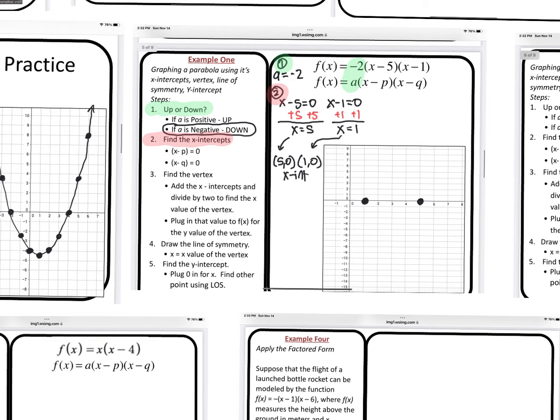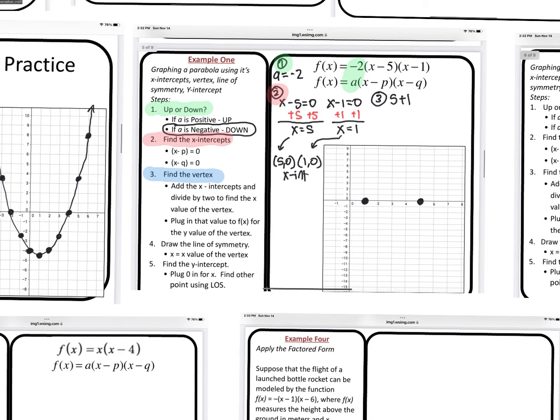Now this step's a little bit tricky. This is finding the vertex. So what we do is add the x-intercepts and divide by 2 to find the x value of the vertex. So let's do that. I'm going to set up the third part, 3, and I add the two x values, 5 and 1 that we just got right here.